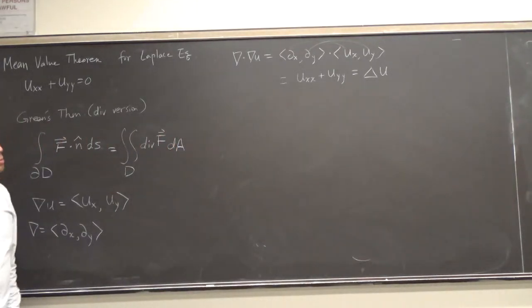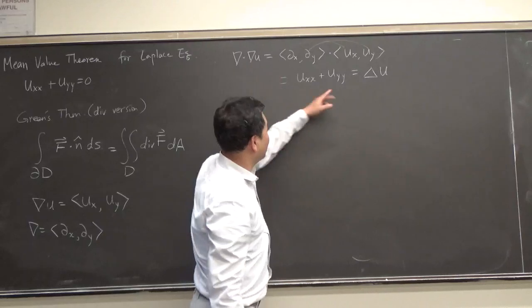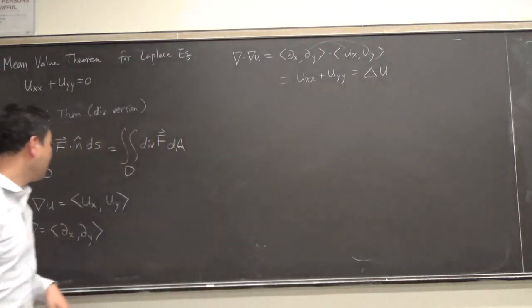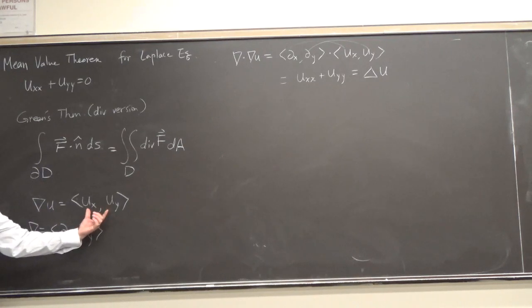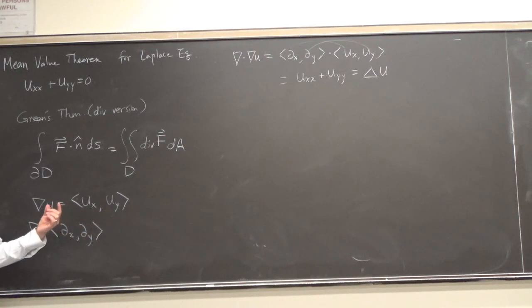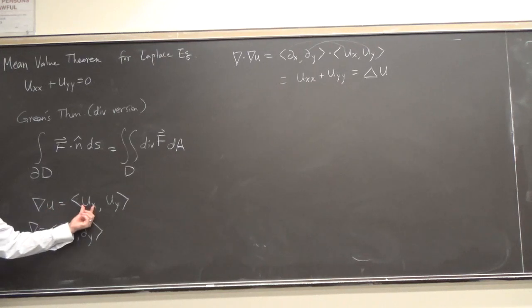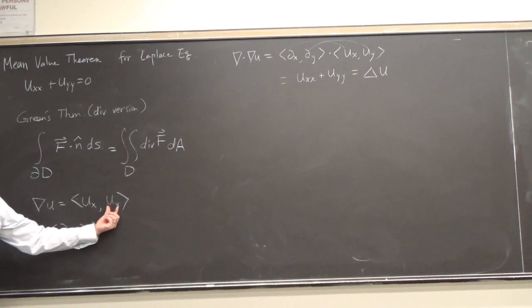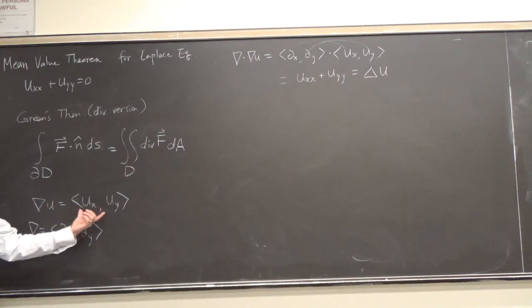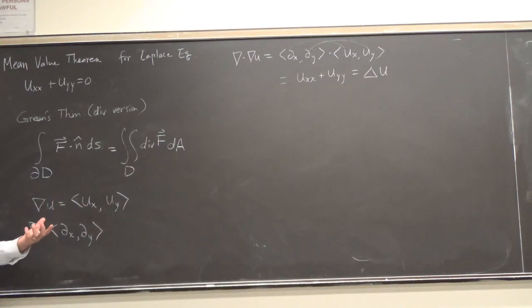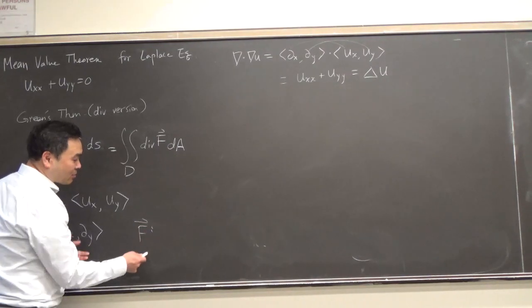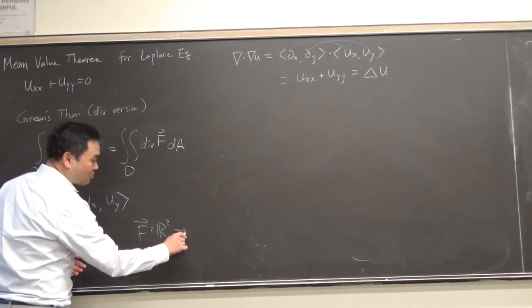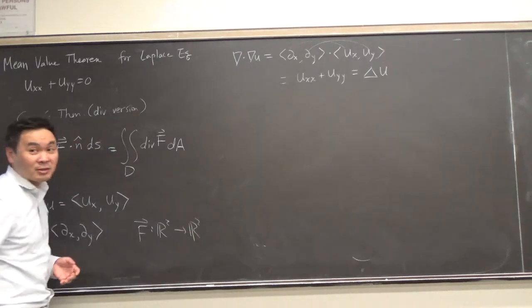So people sometimes write nabla squared as the triangle of u. And what we're going to do is notice that this is a vector field, right? At each x, y, this is a function of x and y, and this is a function of x and y. You feed in x and y, you get a vector. That's called a vector field. What's a vector field? It takes in two values and gives you back two values.